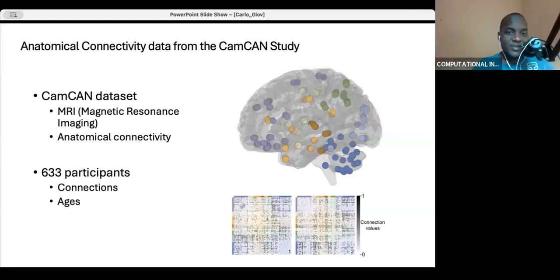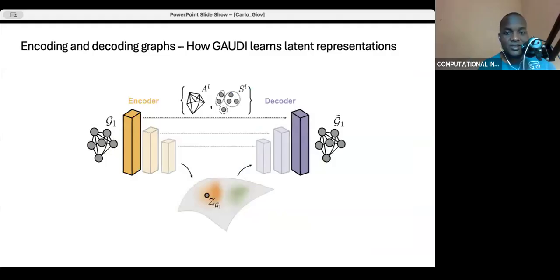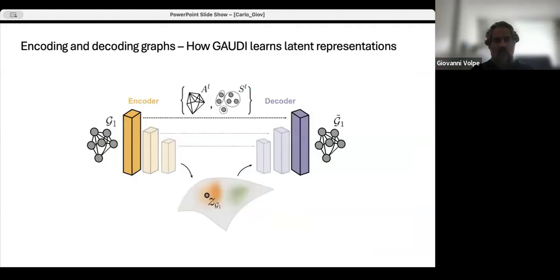Okay, makes sense. The last part is, and I think I missed this, the structure of the data input into Gaudi. Yes, it's always a graph. Here we don't pass images, we pass a graph.